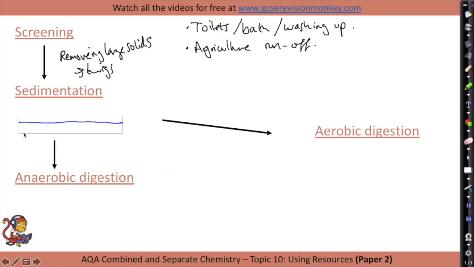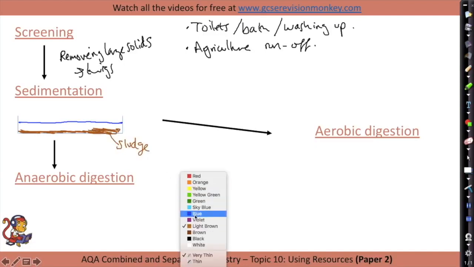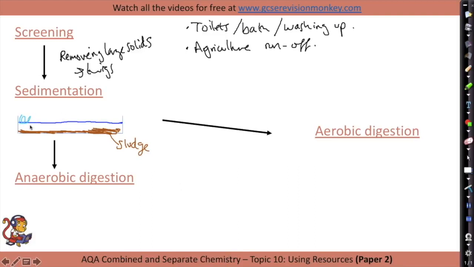You get the heavier solids that fall to the bottom and produce a sediment or a sludge at the bottom, and you get the lighter products at the top, which we call the effluent.